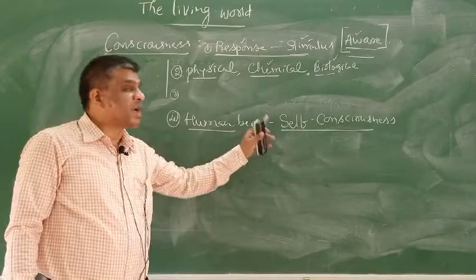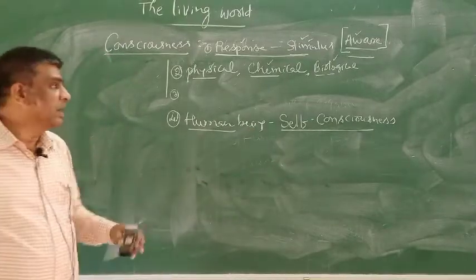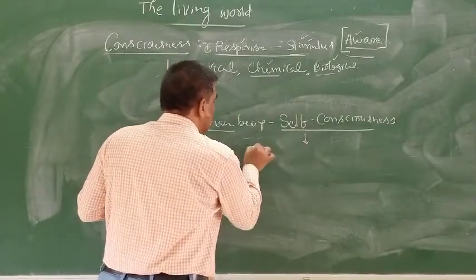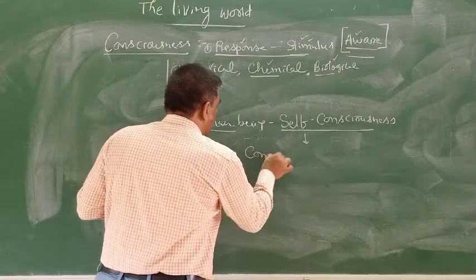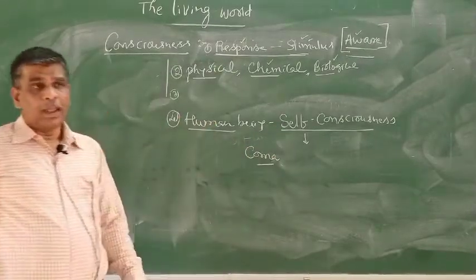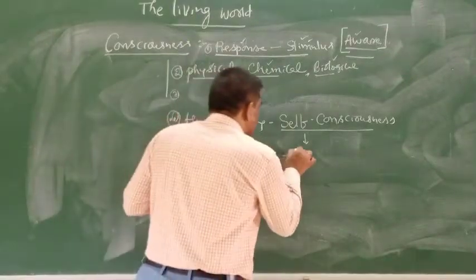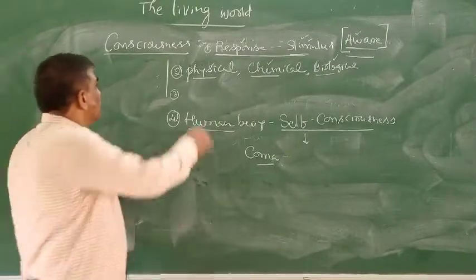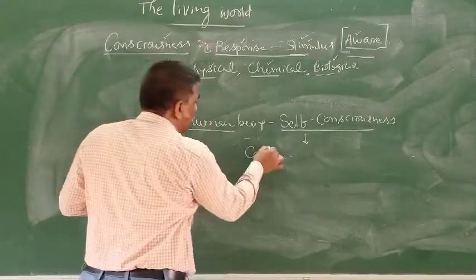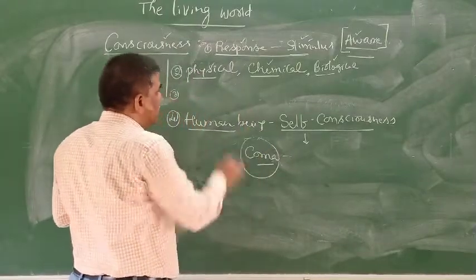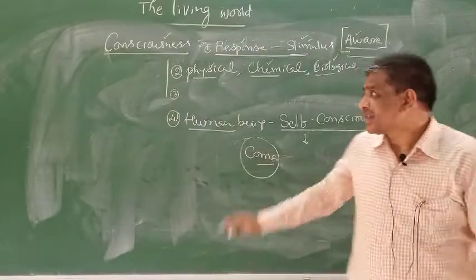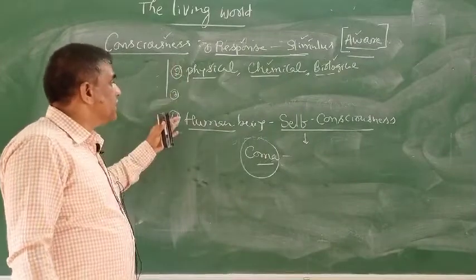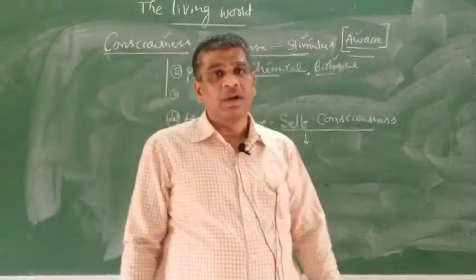So that is the speciality of the human being in addition to other organisms. When it comes to a person who is in a coma, this self-consciousness is not applicable at that time, because he does not have consciousness at all. Even then, we can consider consciousness a defining property of all living organisms, a very specific and unique characteristic of living things.